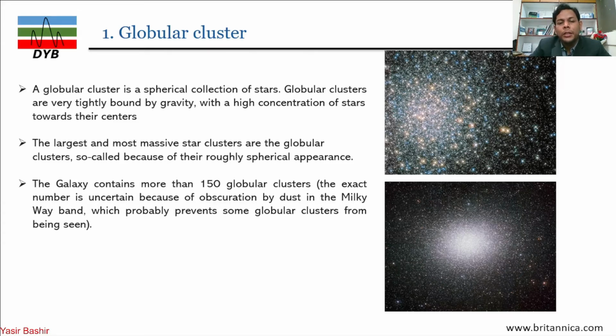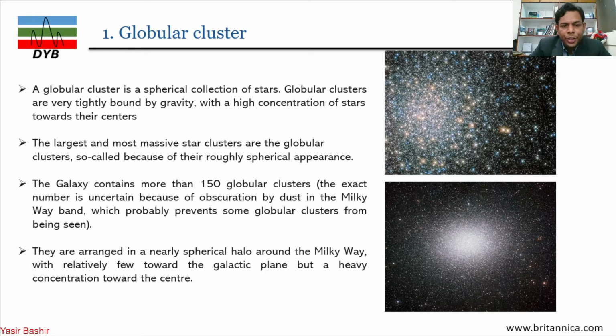But we suspect there are many more globular clusters in the Milky Way that cannot be seen because of visibility and the wave band. So we have been exploring 150 globular clusters until today.